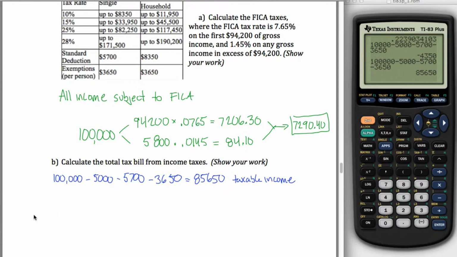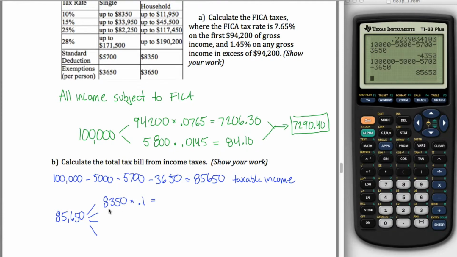How is it going to get taxed? Well, it depends. I have this 85,650 here. If you look at our chart up here, the first $8,350 that I make is taxed at a pretty low rate, 10%. So on my first $8,350, I'm going to get taxed 10%. Then on all the money up to $33,950.